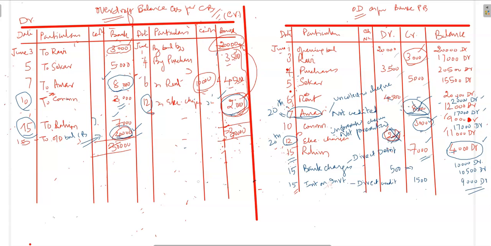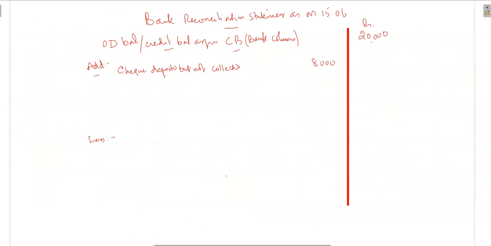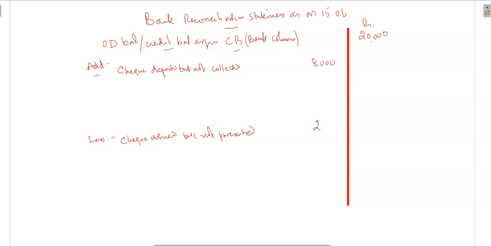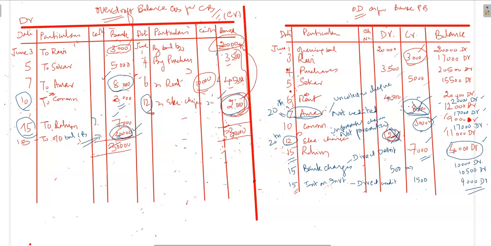To reconcile it, we have to take it as a less item. So in the less category, we are including a check issued but not presented, amounting to rupees 2,000. Similarly, there is a debit only in the passbook for rupees 500.